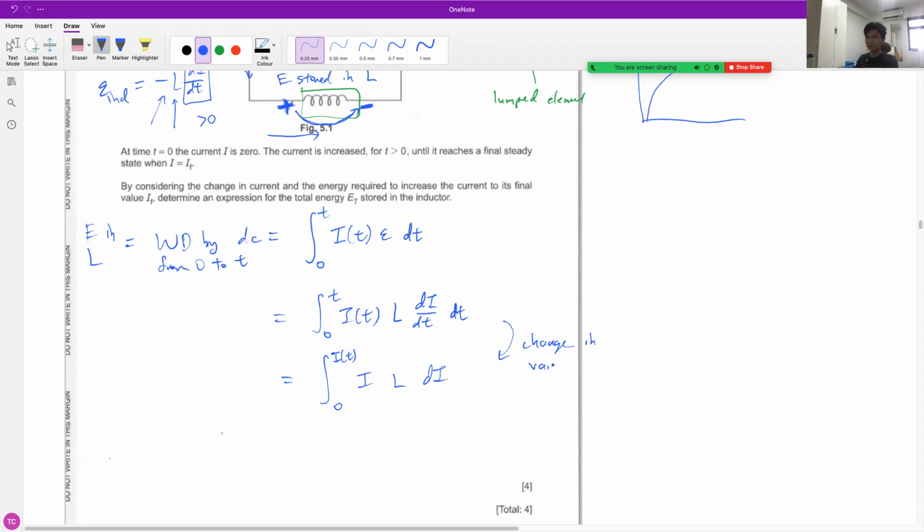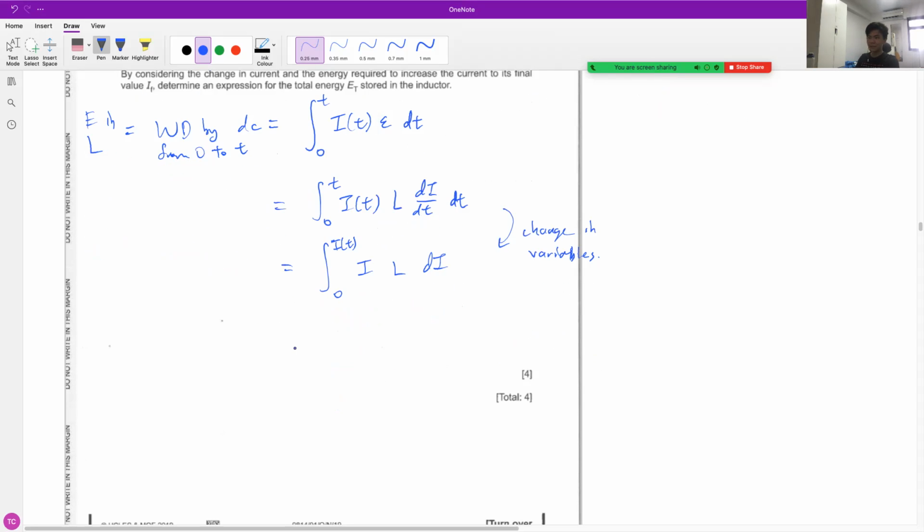I can make a video in depth about this integration procedure. As a result, if you do the integral, it's simply half L I squared, going from I at 0 to I at time t, which equals half L I squared.